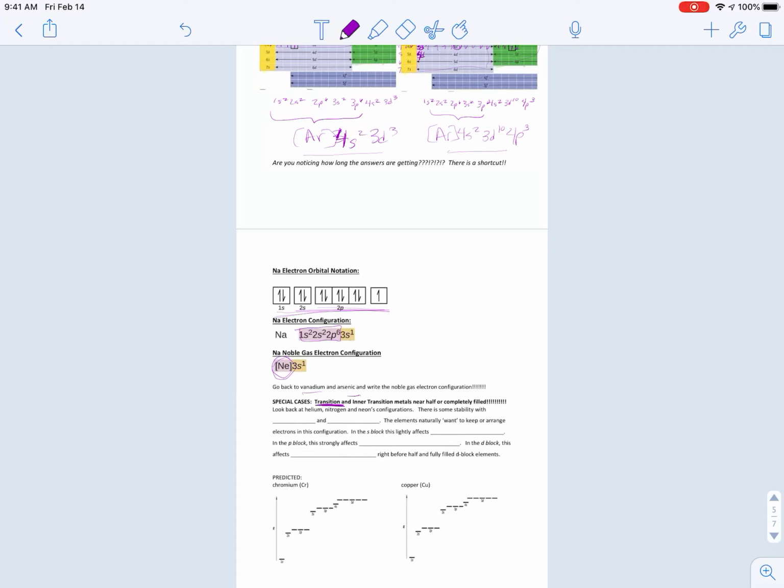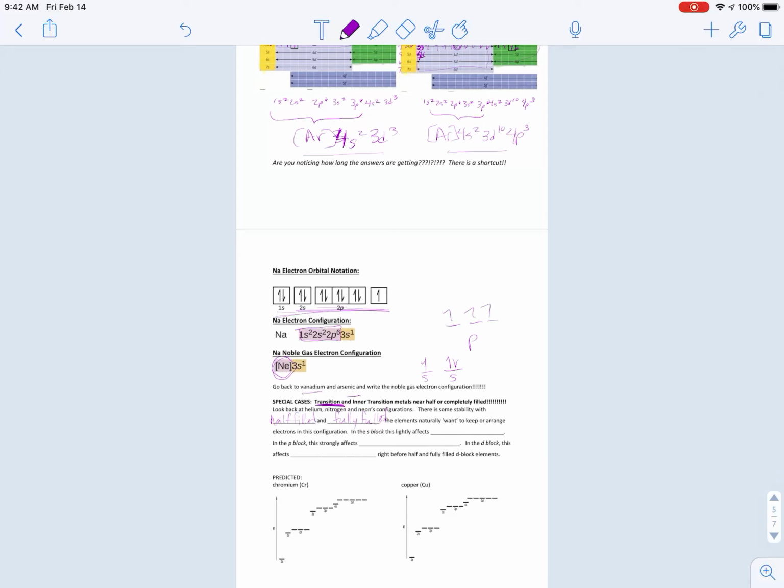So if we look back at helium, nitrogen, and neon, there is stability with half filled and fully filled orbitals. For example, an S that's fully filled is more stable than an S that only has one electron in it. But it doesn't really affect things until we get to the Ds.